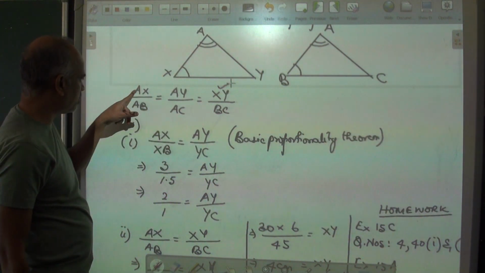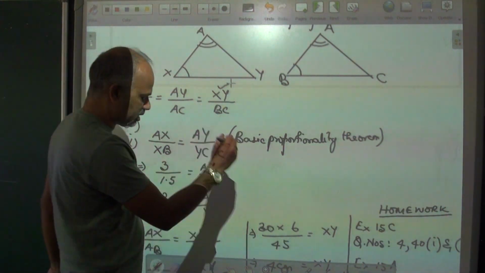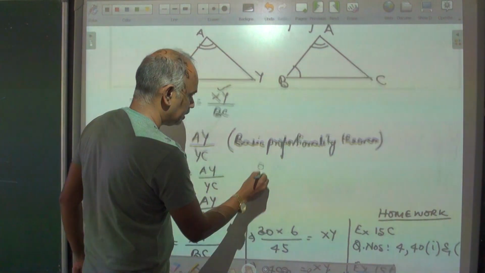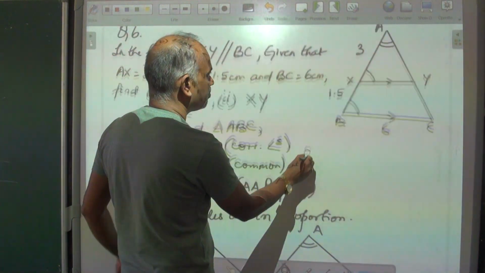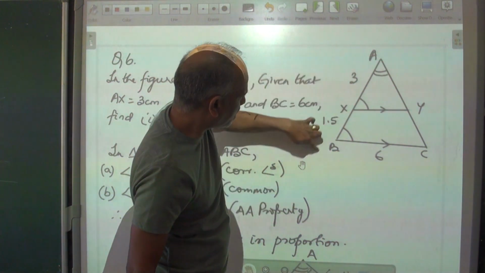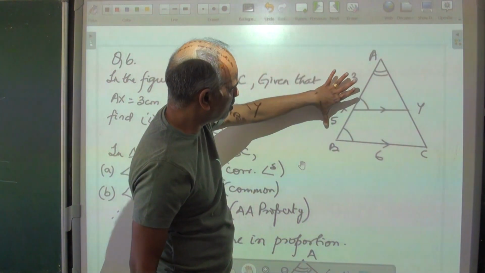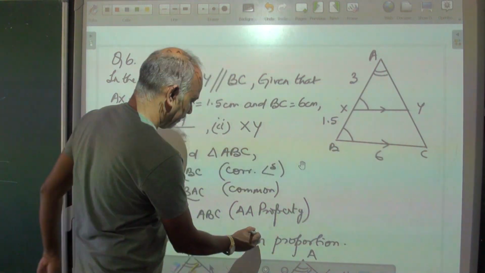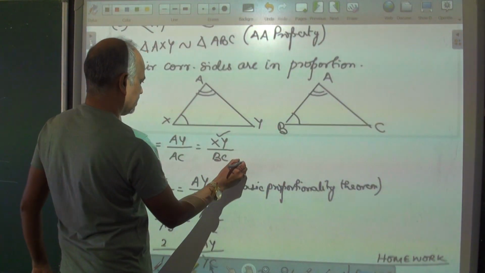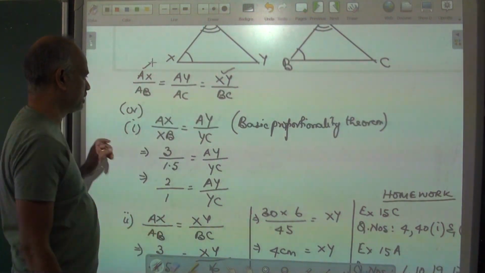If you look at the figure, you know AX and AB. AX is 3, AB, the whole thing, is 3 plus 1.5, that's 4.5. This much is 3, the whole thing is 4.5. So we are going to use this and this.